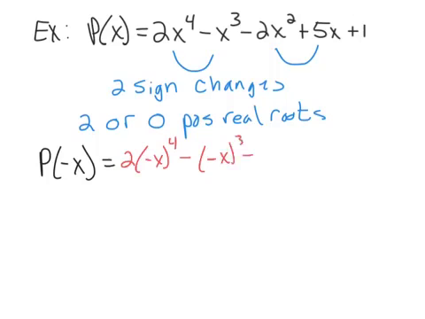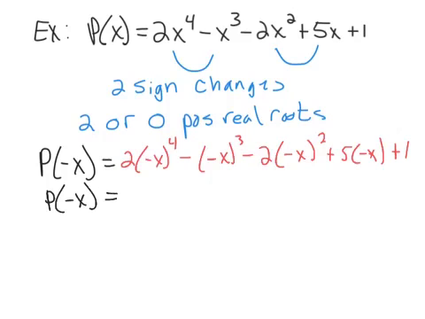So this is an intermediate step. When you get good at it, you don't have to show it, but I'm showing it for your notes. Okay, so when I process that, it becomes p of negative x. Any even exponent does not change the sign, because negative x to the 4th is the same as positive x to the 4th.